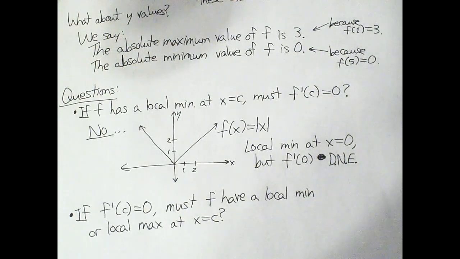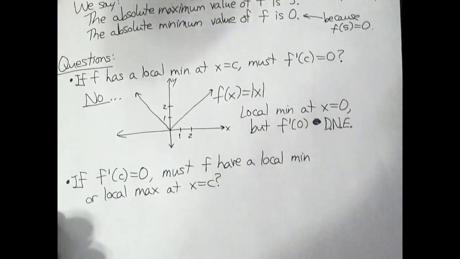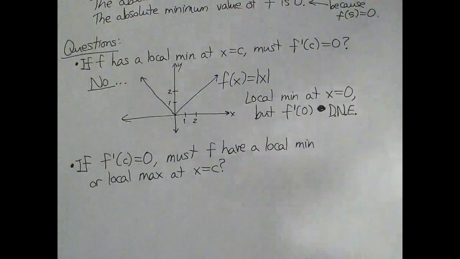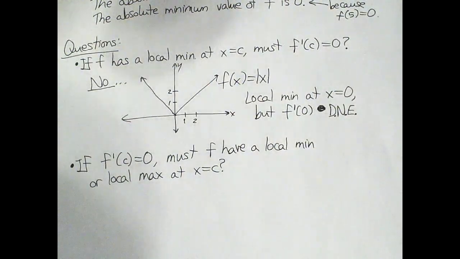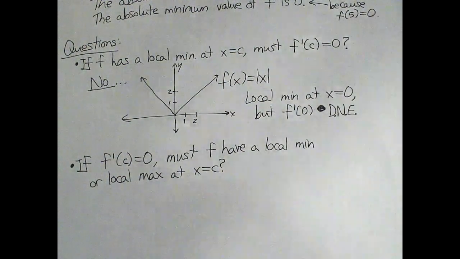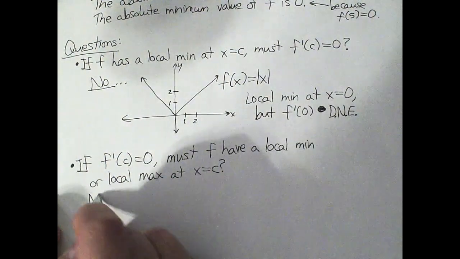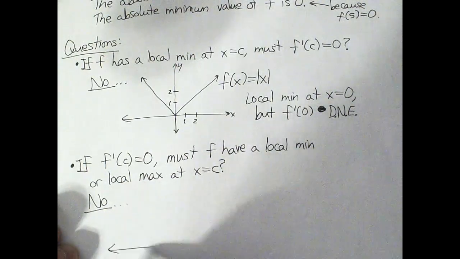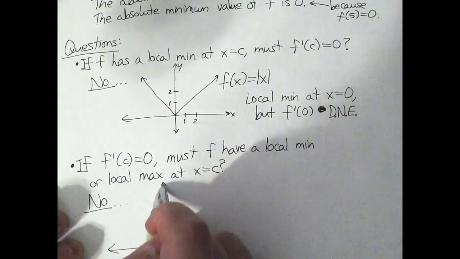The slope of the tangent line is 0 somewhere. Does that mean that the function has to have a local minimum or a local maximum at that place? Just want you to think for a sec about whether you think that's yes or no. So this is no. And I'll give you an example, or we could call it a counterexample.